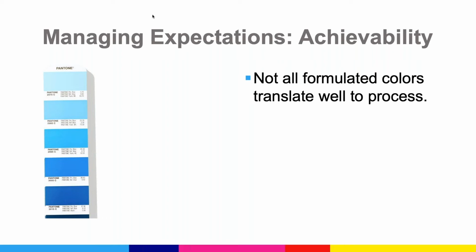These identities are formulated colors. It's why it's called the formula guide. You see in this illustration an indication of what that formulation is. We see the trans white content with the amount of pigment that results in that color. But not all of these colors translate well when you go to the world of process printing.